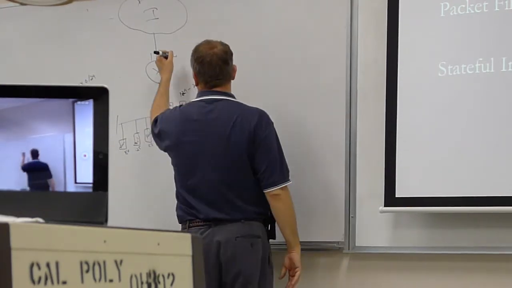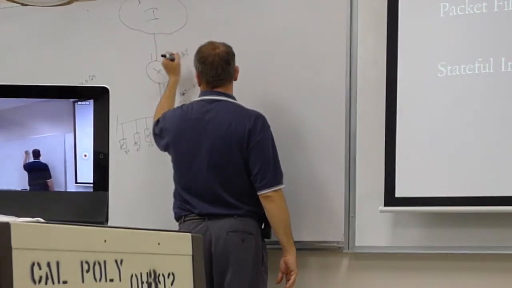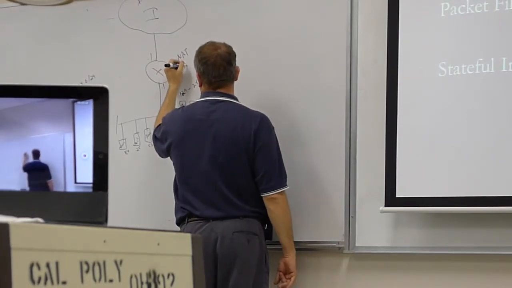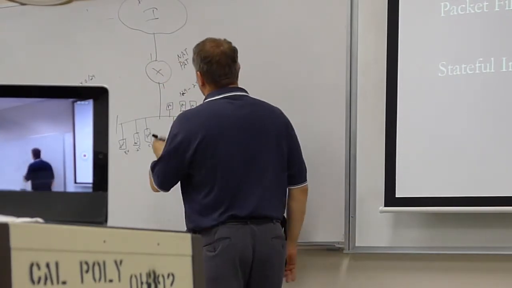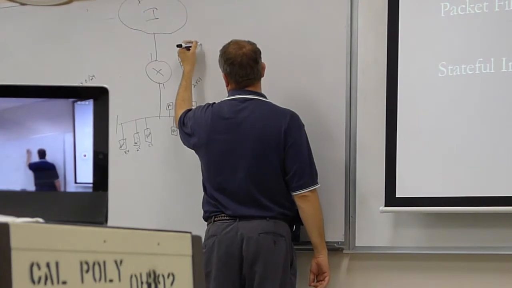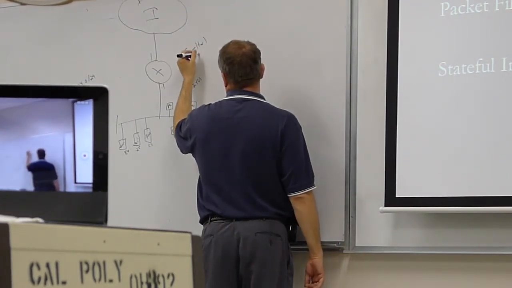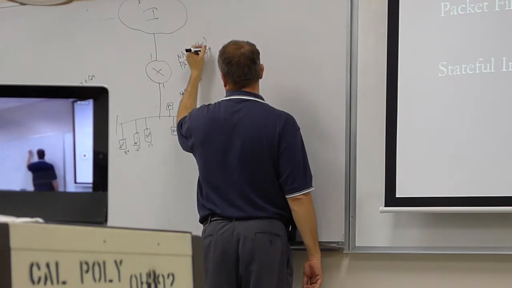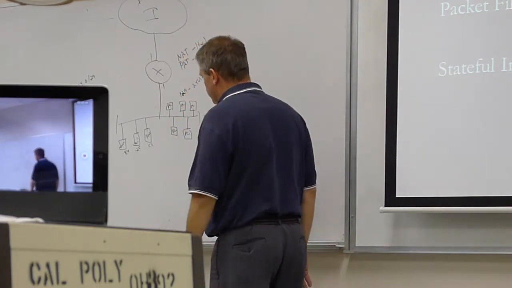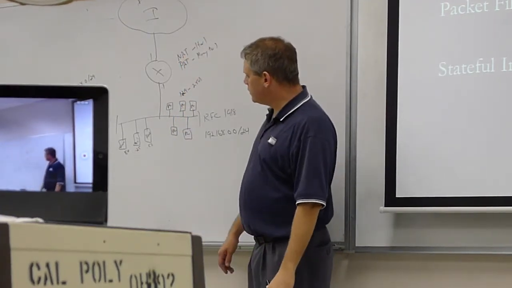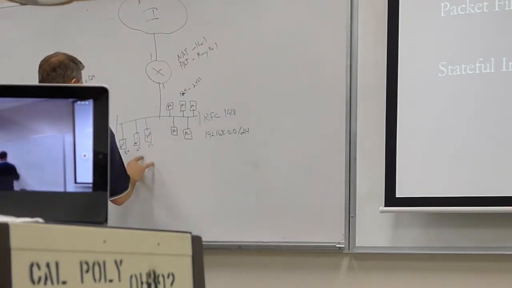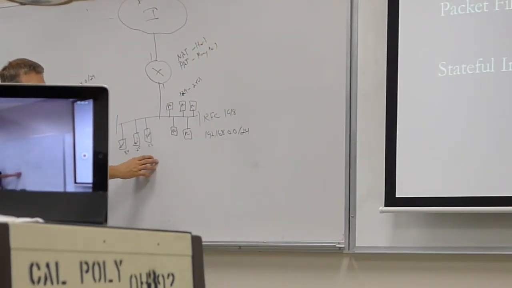What we have to do is set up NAT or PAT. NAT is 1-for-1. PAT is many to 1. So for example, I usually want to give my servers, the things that I have services on, their own IP.